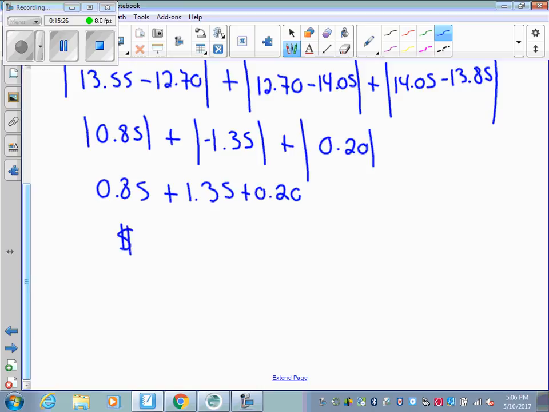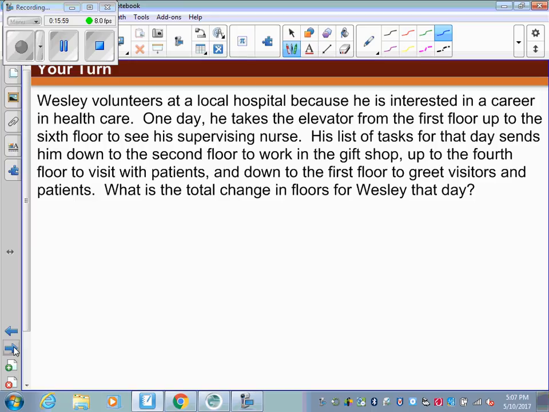All right, so we're going to have $1.35 and 20 cents makes $1.55, and then $1.55 and 85 cents is going to leave me with $2.40. All right. So you try this one.